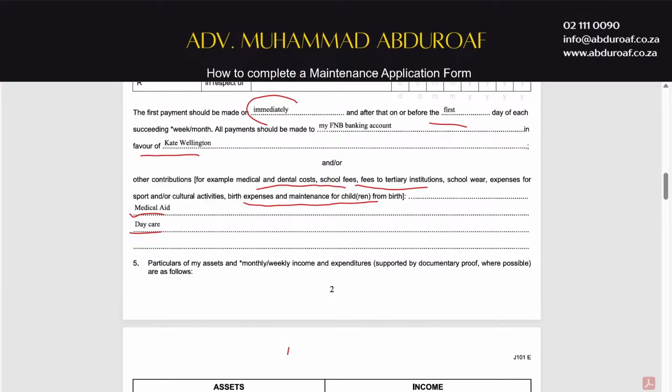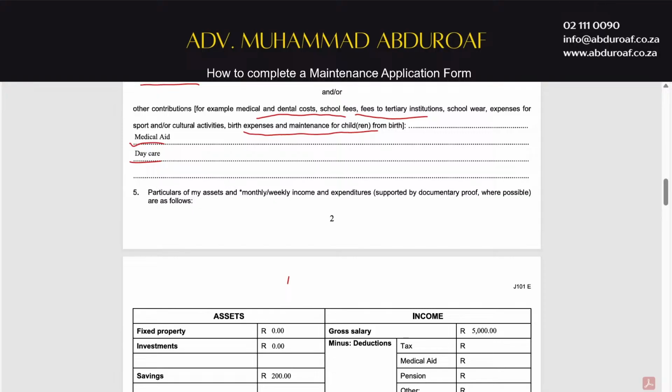So, for argument's sake, let's say you would have required an amount of 2,000 rand per month since birth for the minor child or the minor children, and it's now 2 years later. So that's 24,000 rand a year, so that will be 48,000 rand for the last 2 years. And you can put in a claim for that as well. Please consider that as well, because many people do not know they can do that.